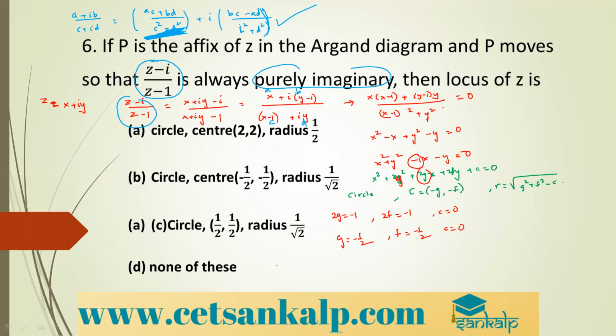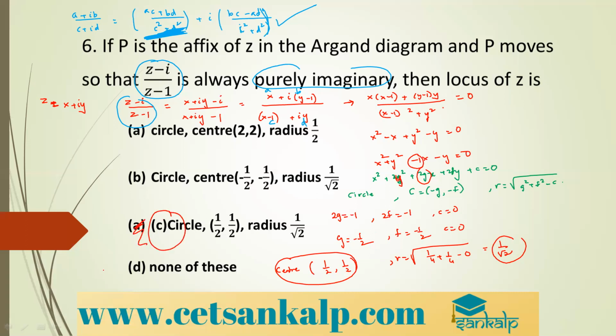That means for the circle which I am talking about, the center will be (minus g, minus f), and radius will be square root of g square plus f square minus c. That is 1 by root 2. So center is (1 by 2, 1 by 2) and radius is 1 by root 2. It is option C.